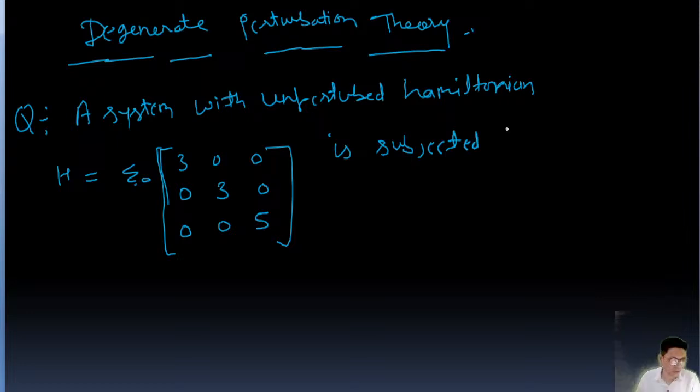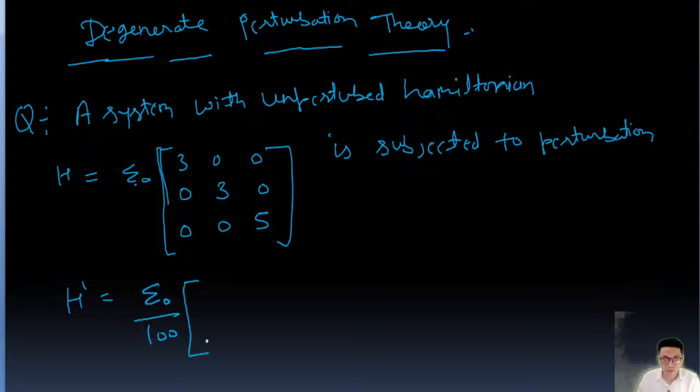The system is subjected to perturbation H dash equal to epsilon naught, or E naught, upon 100, times the matrix 010, 100, 000.